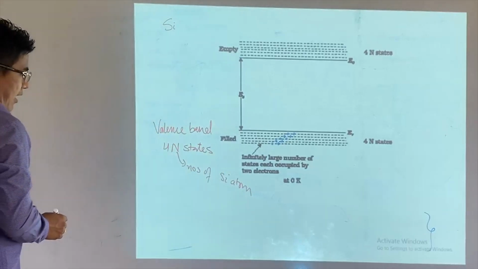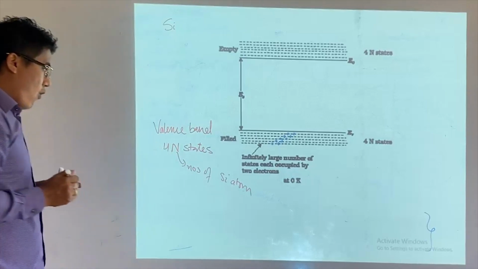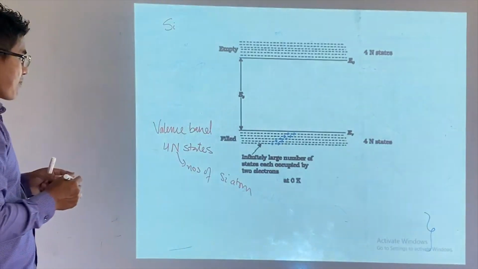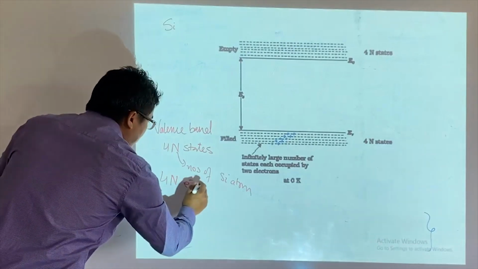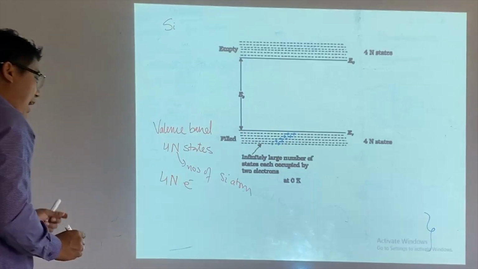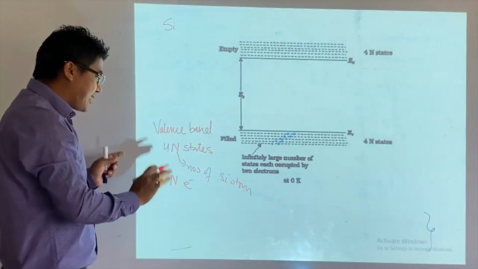This is the 4n states, so this is completely filled. Therefore 4n electrons are available in this band, and it is completely filled.